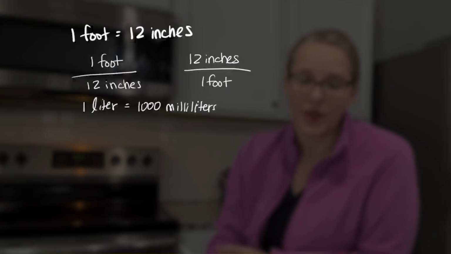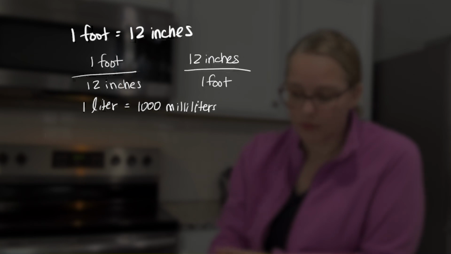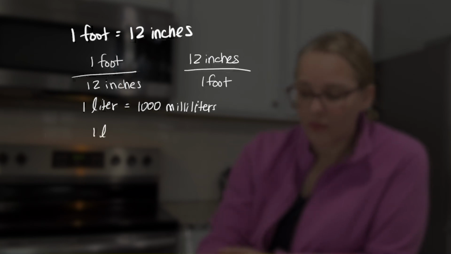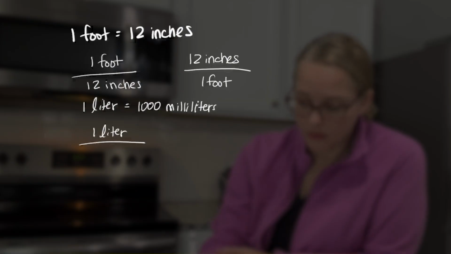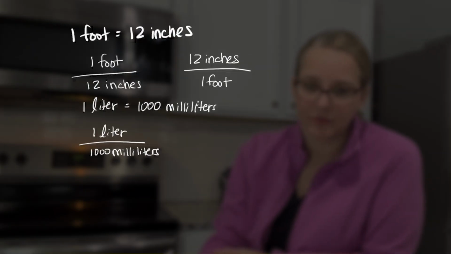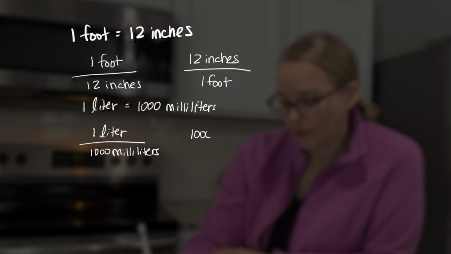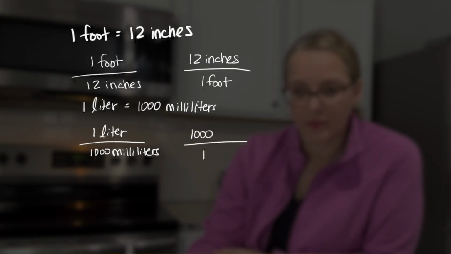There are actually 2 of them. You could put the 1 liter on the top and then put 1,000 milliliters on the bottom. Yes, and then what's the other one? You could switch it up and put the 1,000 milliliters on the top and the 1 liter on the bottom.